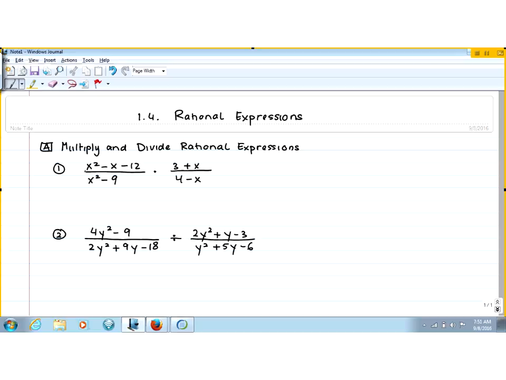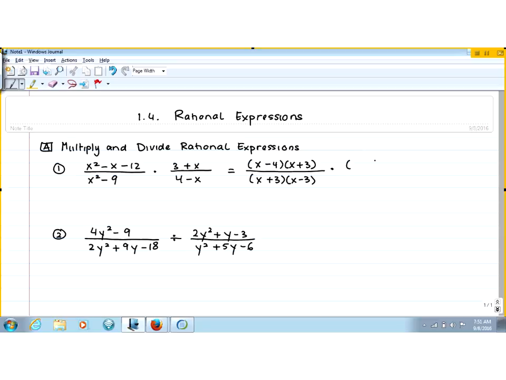So, number one, what should we do here? Are we multiplying now? No, we're factoring first. So x squared minus x minus 12 is x minus 4 times x plus 3, divided by x squared minus 9, which is x plus 3 times x minus 3.